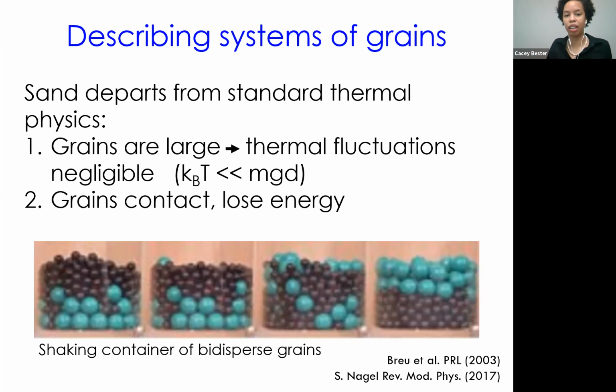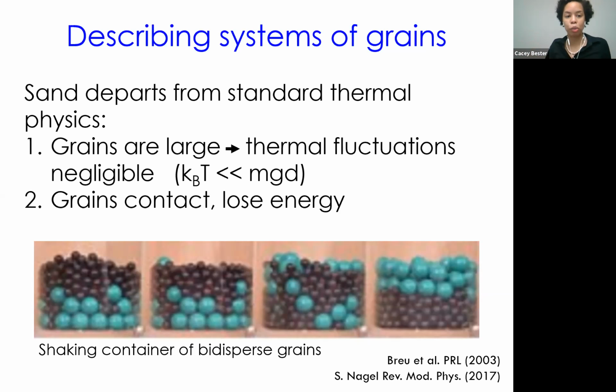At the bottom of my slide here, I have an example of a simple granular experiment that nicely shows the unique behavior of granular media. In the series of images, there are grains that are of two different sizes, indicated by the two different colors. And all that is done is that the container of grains is vibrated up and down.